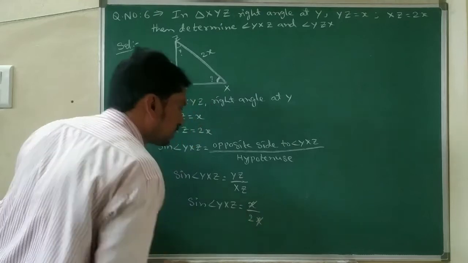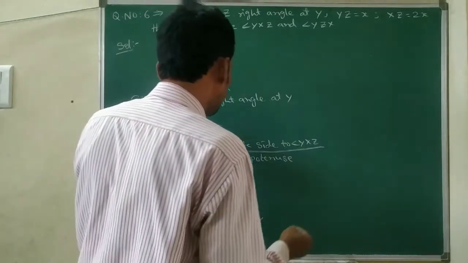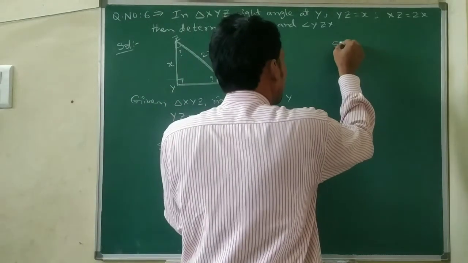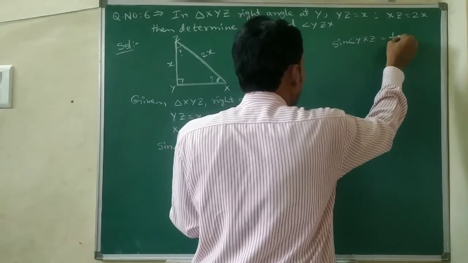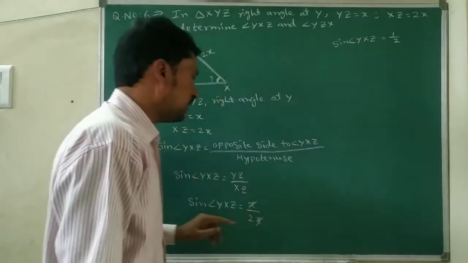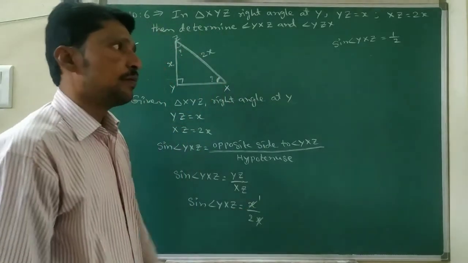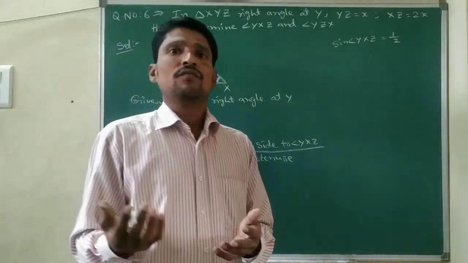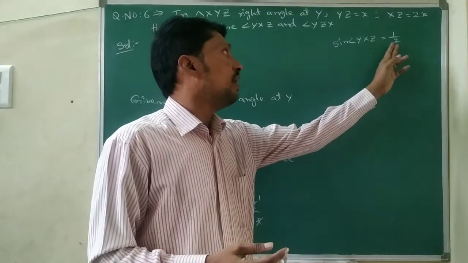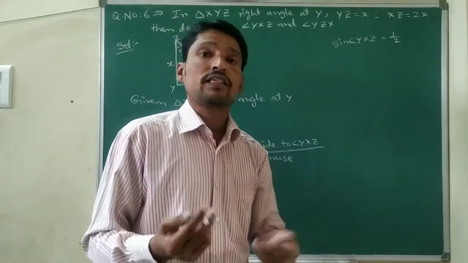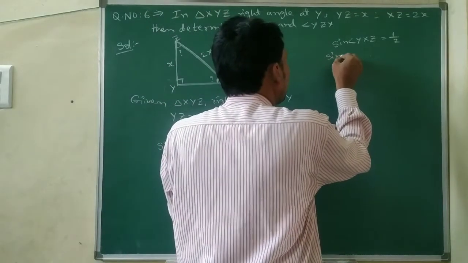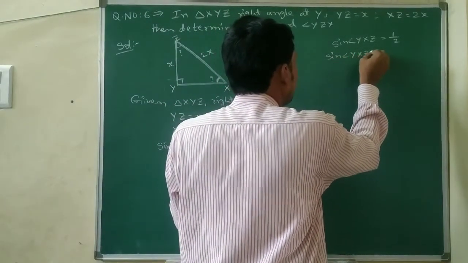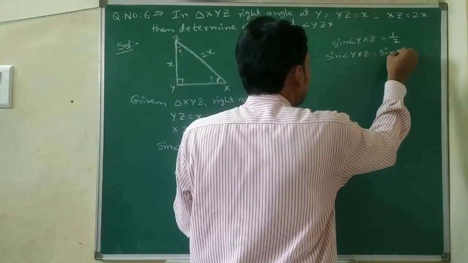So X gets cancelled, and what remains? Sine of angle YXZ equals 1 by 2. In sine, when we get the value 1 by 2, sine 30 is 1 by 2. So sine of angle YXZ equals sine 30.